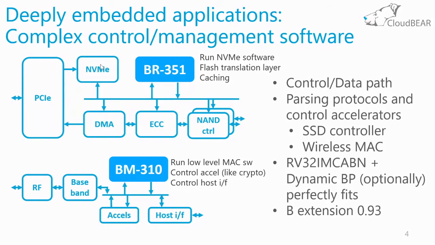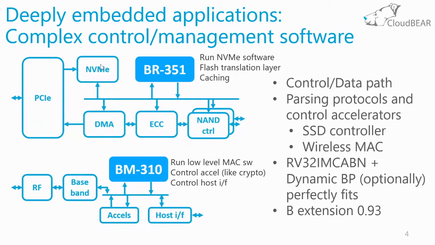Atomic operations are needed to speed up critical sections in a real-time operating system and to communicate between cores. And the B extension is effective to process bit fields in the headers or payloads in storage or communication protocols. CloudBEAR already supports the latest draft of the B extension version 0.93, and we support it both in the toolchain and in hardware.